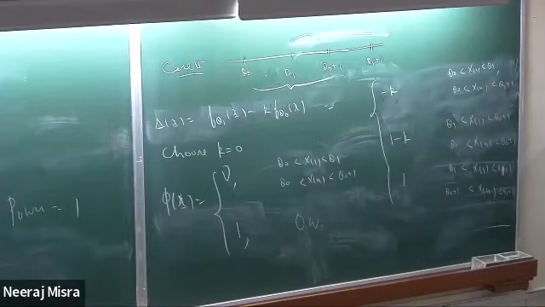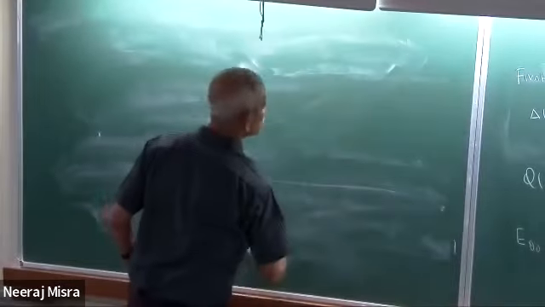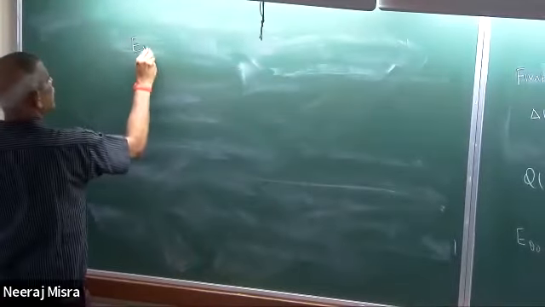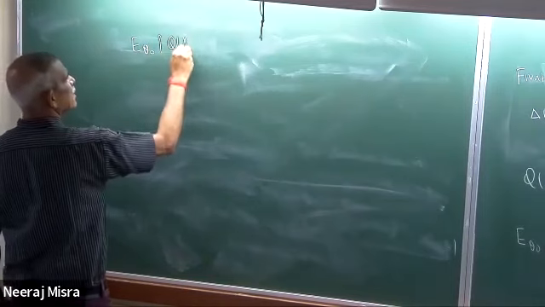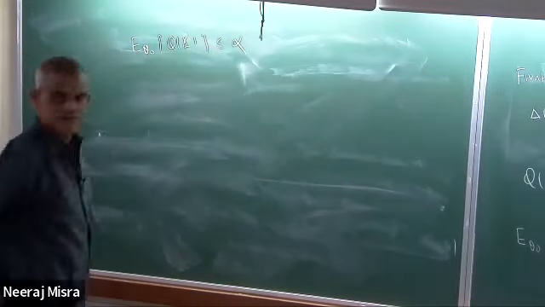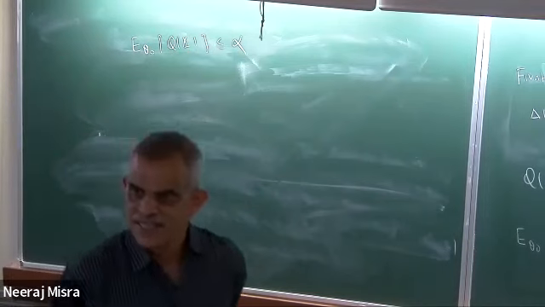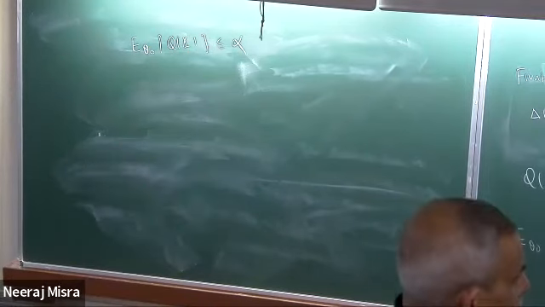Gamma is chosen so that what I want is E theta naught phi x should be less than or equal to alpha, right? That is what I want. What does that mean?